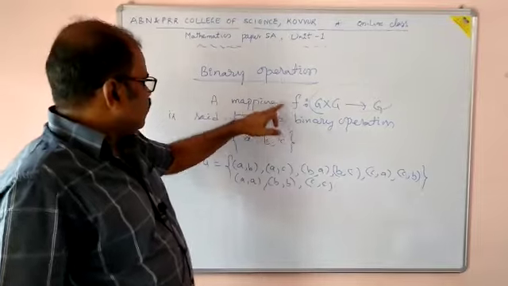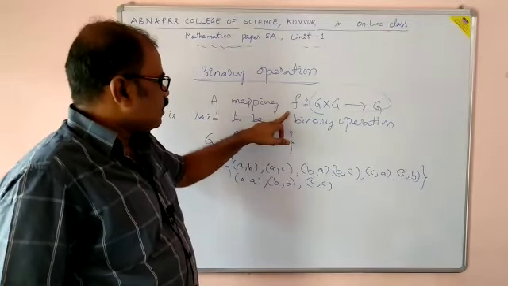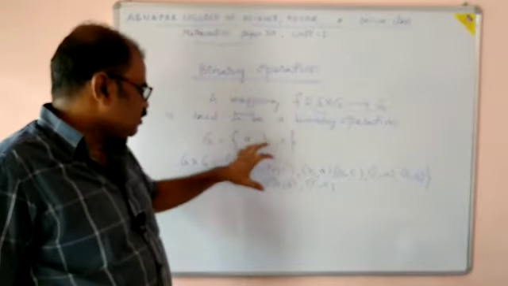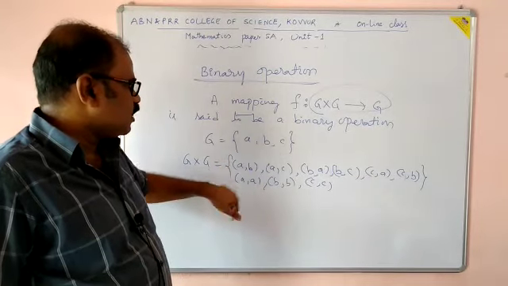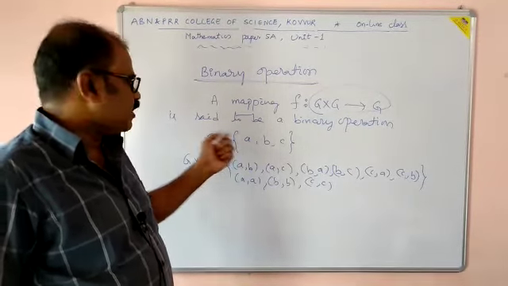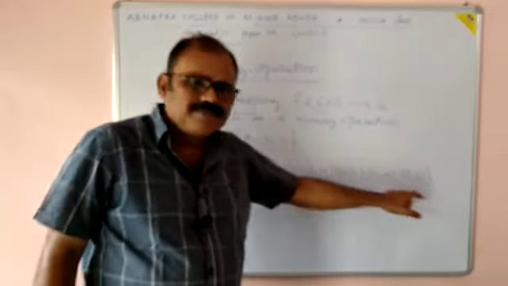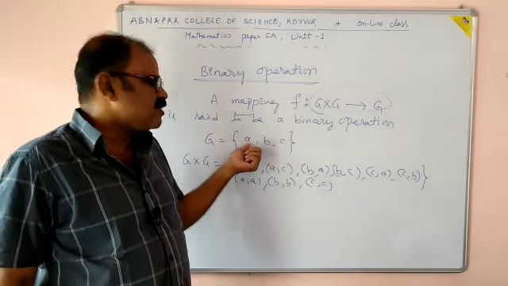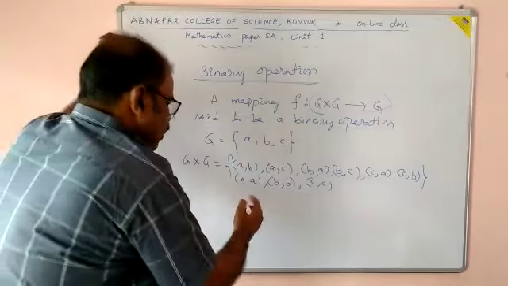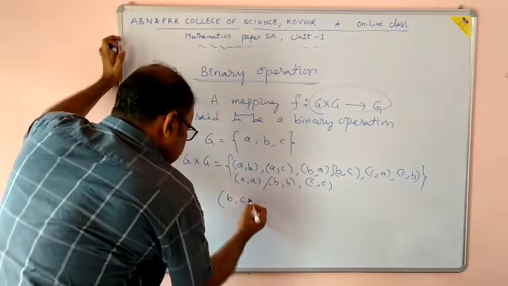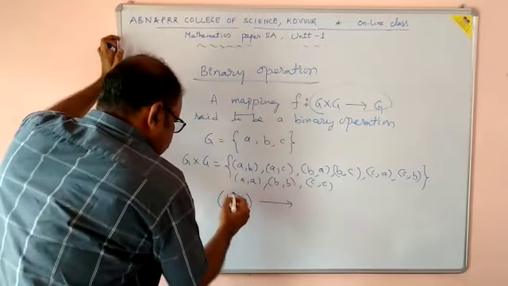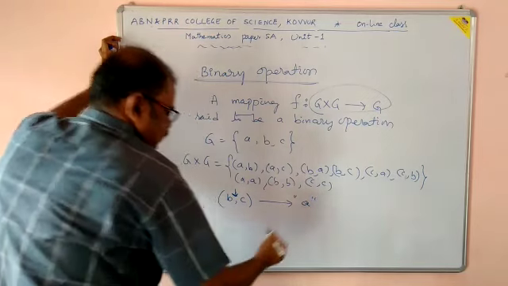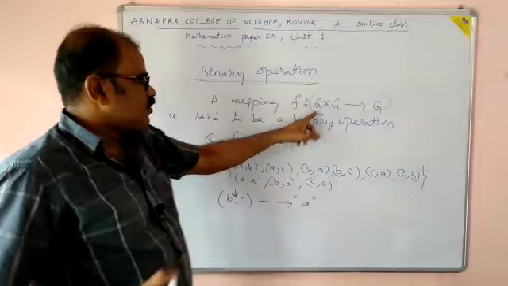Here, a binary operation is a mapping F from G cross G to G. That means we consider an element from G cross G and we get a single element from G. In G cross G there are all ordered pairs, and these pairs are mapped to single elements in G. That means if you pick up B, C and put some operation between B and C, you will get a single element like A.